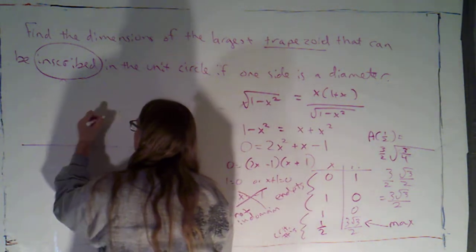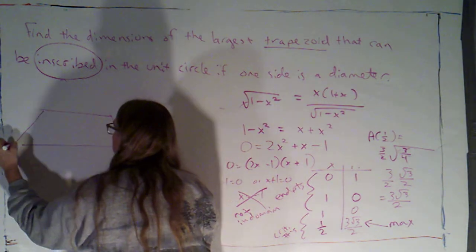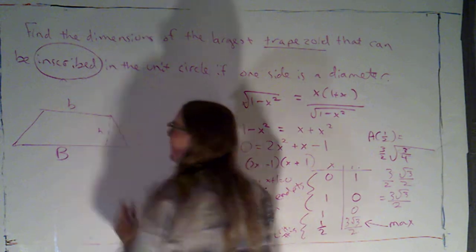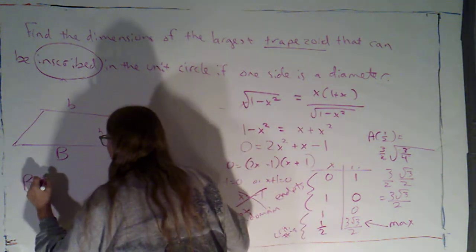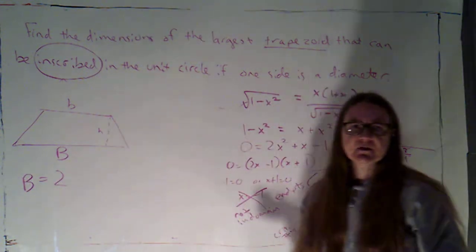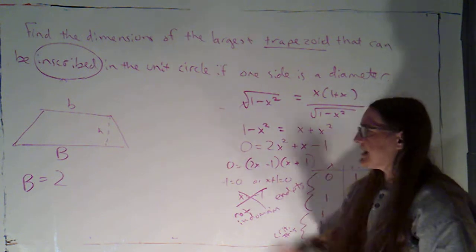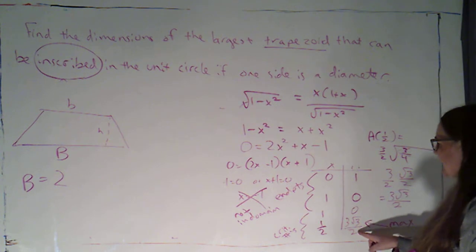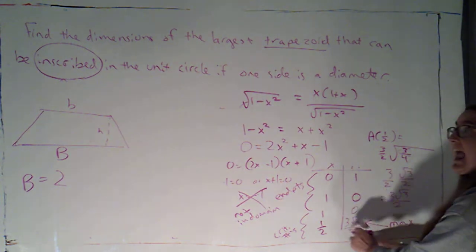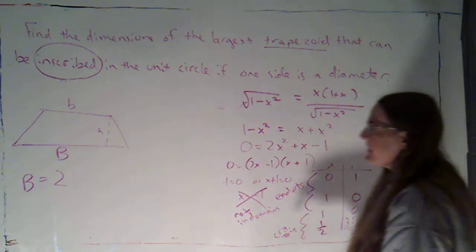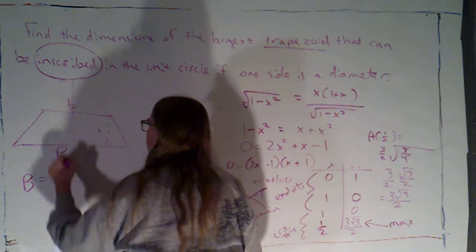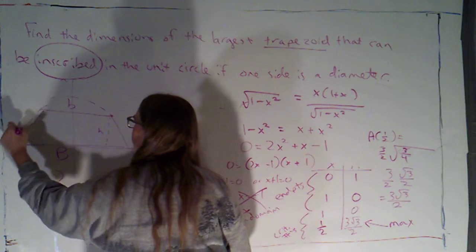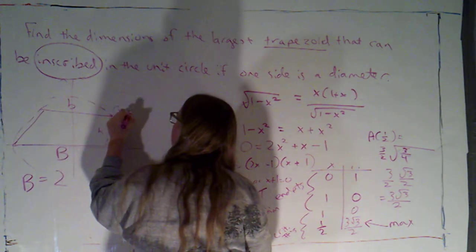So if we have this trapezoid, we're going to have our big base, our little base, and our height. We were essentially told at the beginning that the big base was going to be 2 because it had to be a diameter. Now I want to take a look. Need to be careful because this was x. So if we think back to how we had set this up, this point was on the unit circle, the point xy.